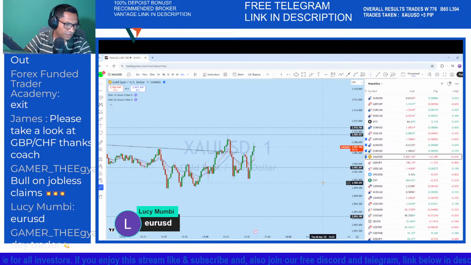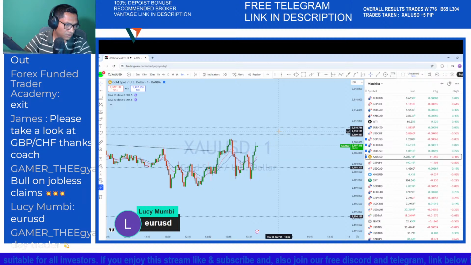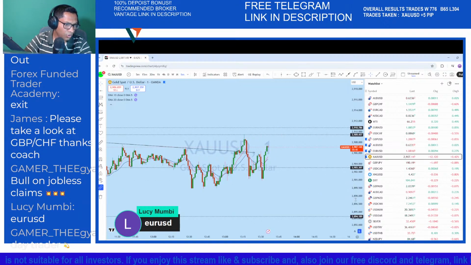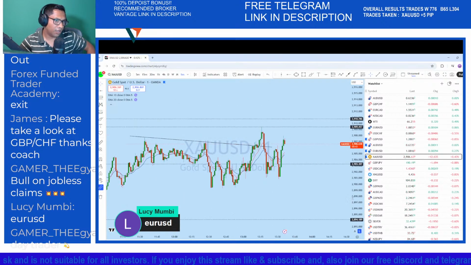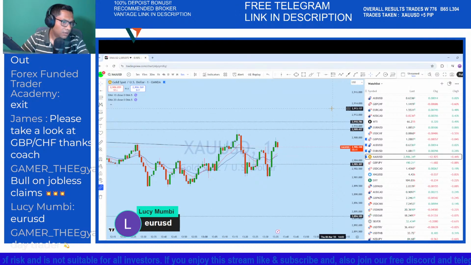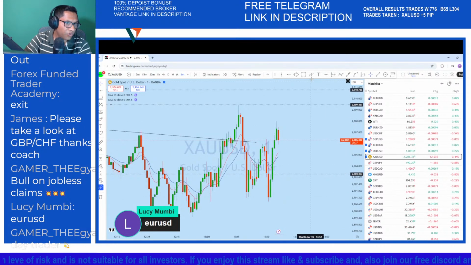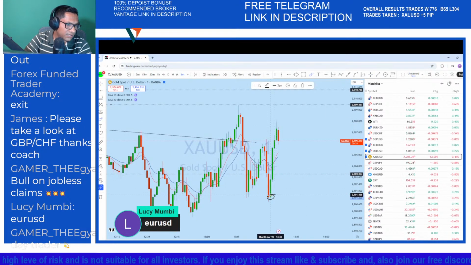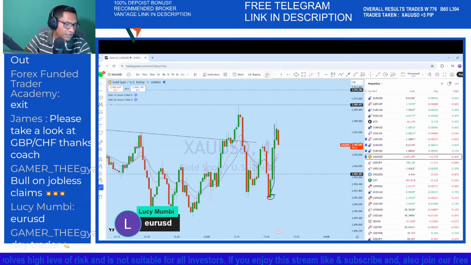If we enter, so it has bounced. We need to see that pullback with this move. Okay, and with this move, from here we can see that move, expecting that pullback.